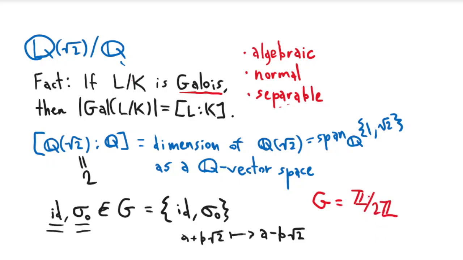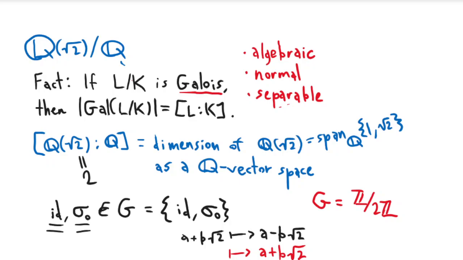Which is maybe obvious in this example, because if you think about what happens if you do sigma naught twice, you would flip the square root of 2 to negative square root of 2, and then if you do that again, it flips back again. And so this does have a Z mod 2Z structure, right? There's an identity element, and then there's an element that if you do it twice, it's equal to the identity. So this is actually Z mod 2Z.